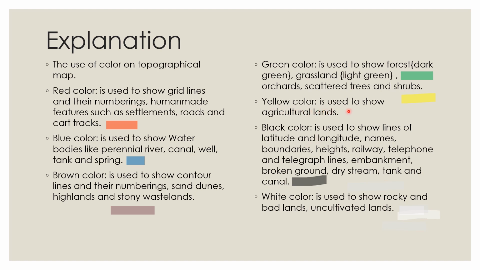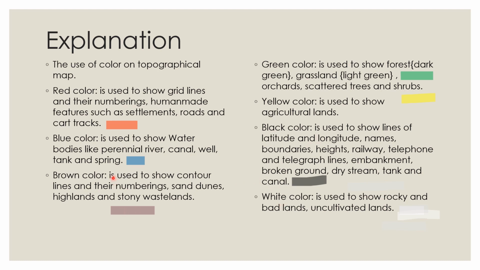Yellow color is used to show agricultural land. Black color is used to show lines of latitude and longitude, names, boundaries, heights, railway, telephone and telegraph lines, embankment, broken ground, dry stream, tank and canal.